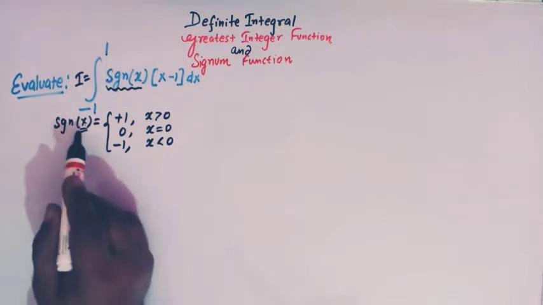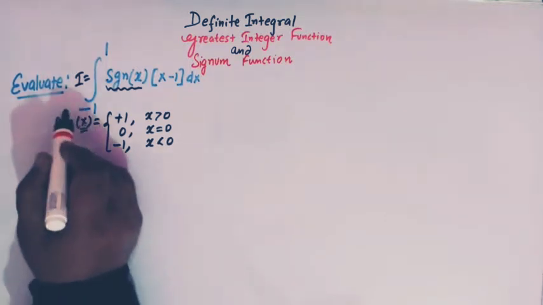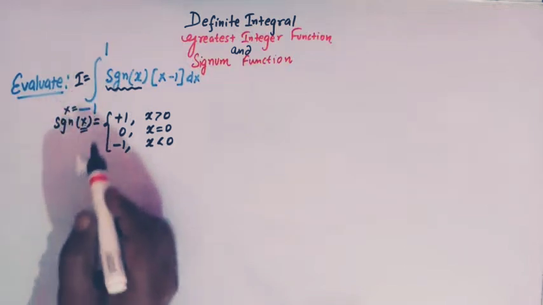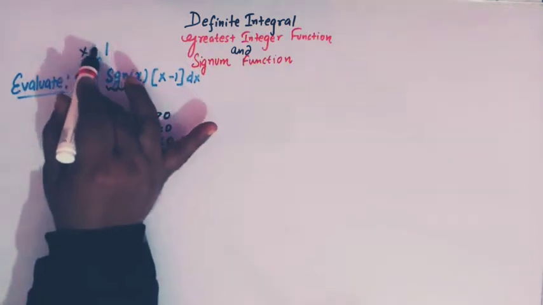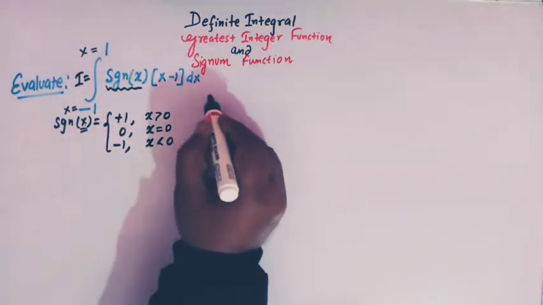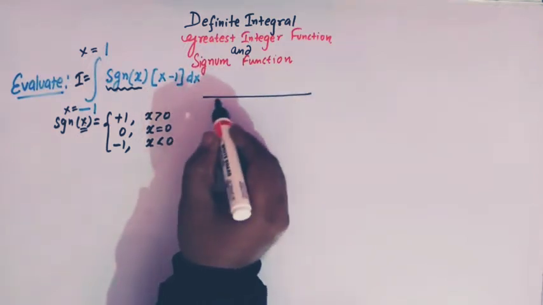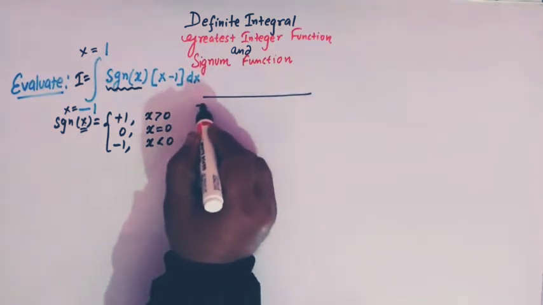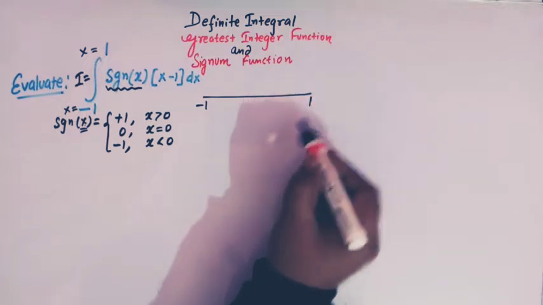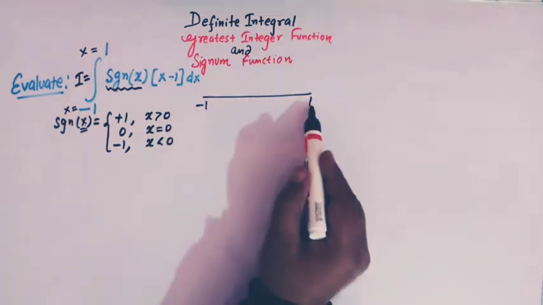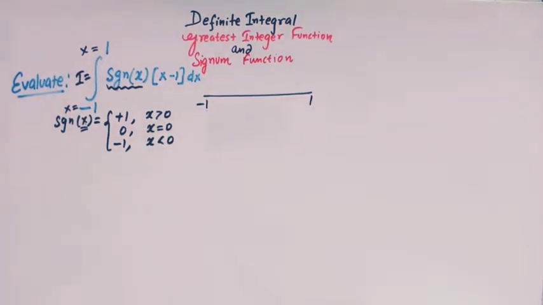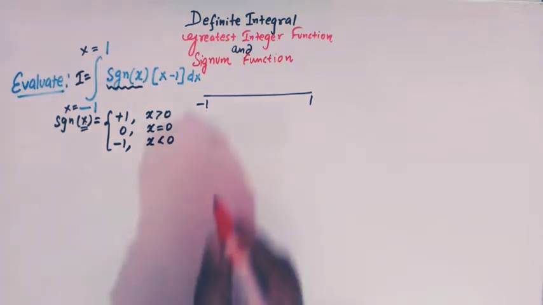Now here we see that the limits of integration vary from -1 to 1. So here we have -1, and here we have 1, and between -1 and 1 we have 0.